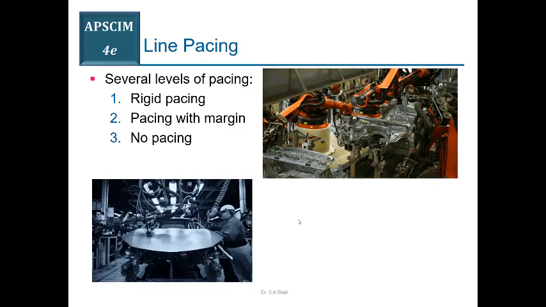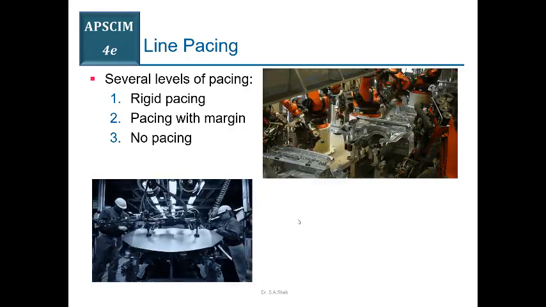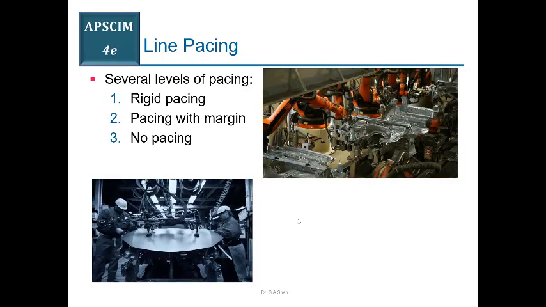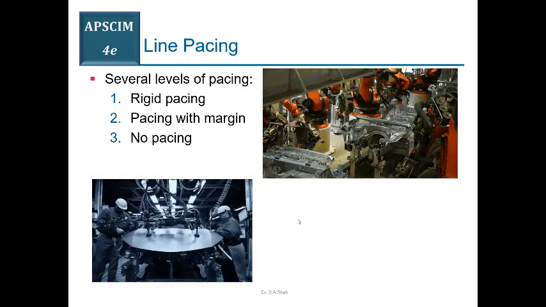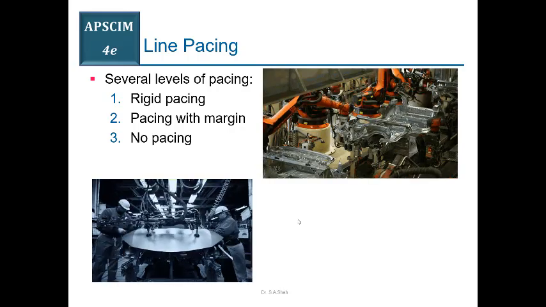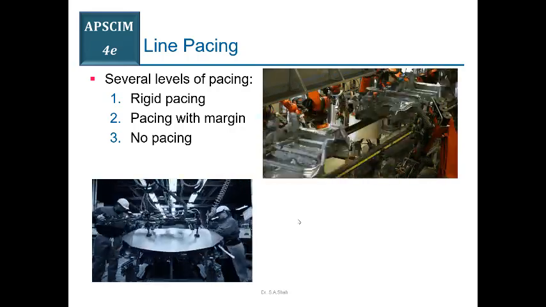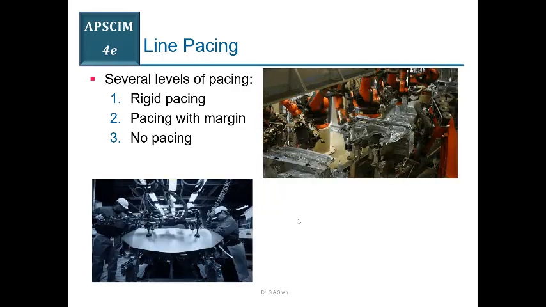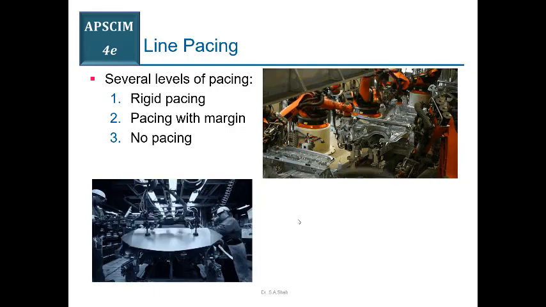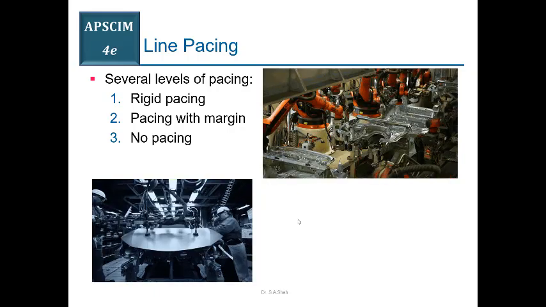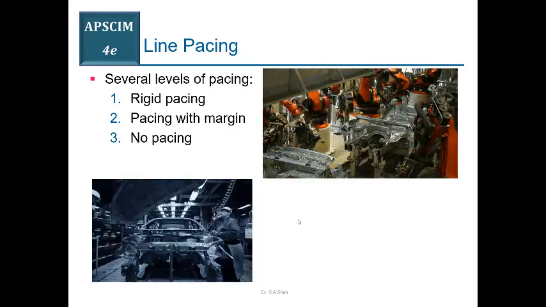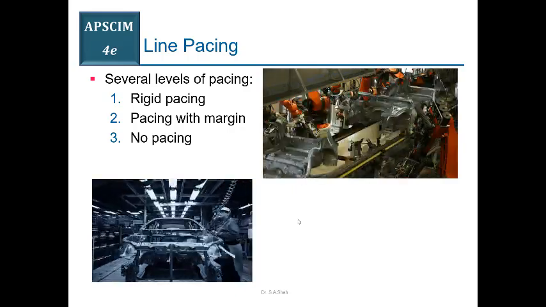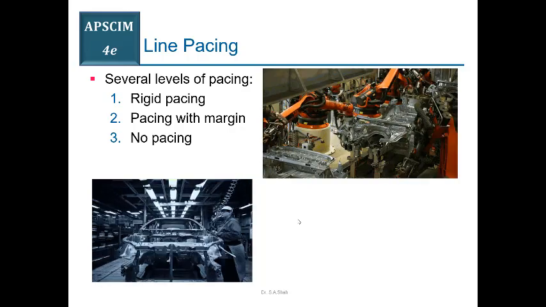Again, if the cycle time of the system is 1 minute, then in 1 minute the part will arrive at the finish line of that particular workstation, which is assigned to a specific worker. So after that 1 minute, the worker must have completed his part of the assembly operation.